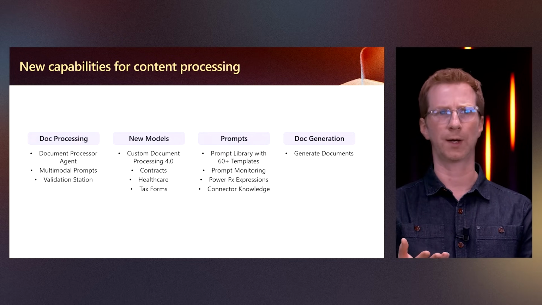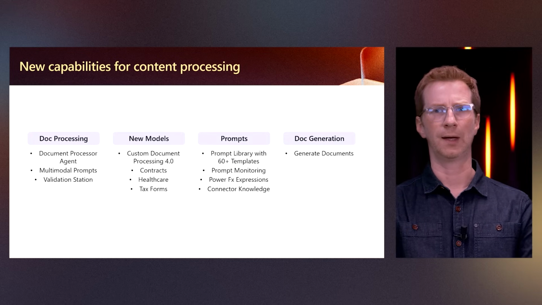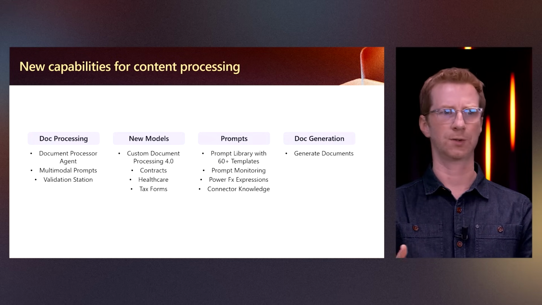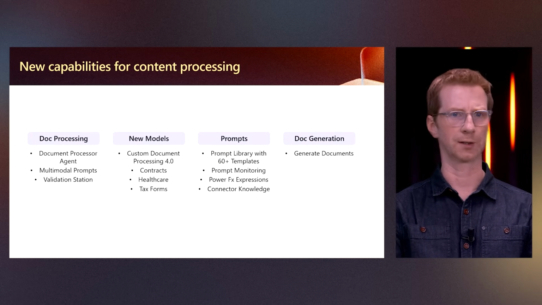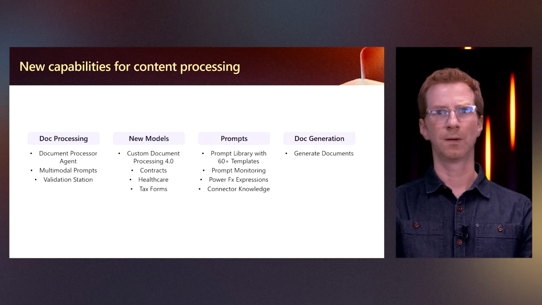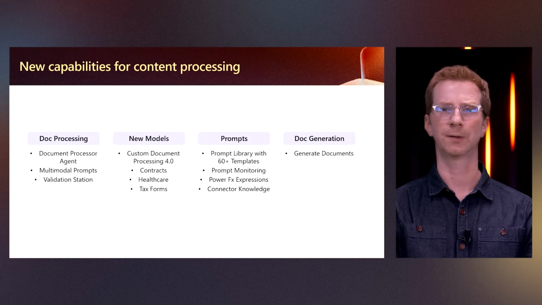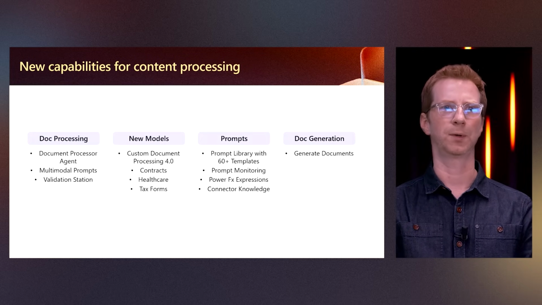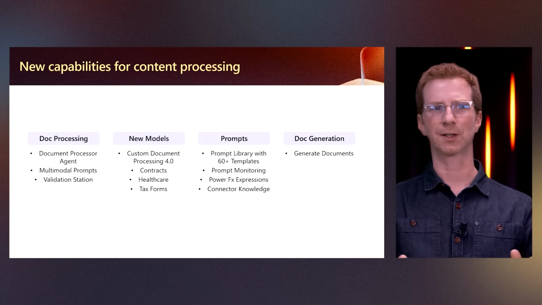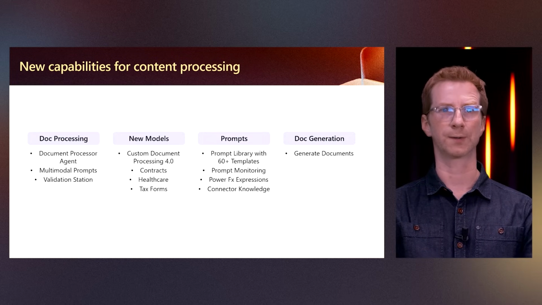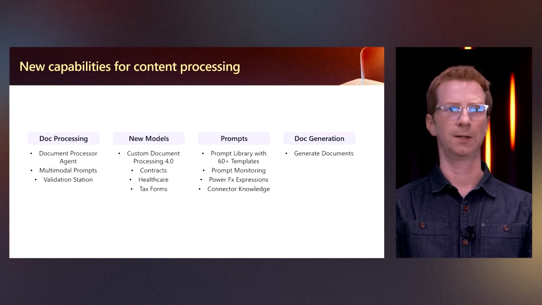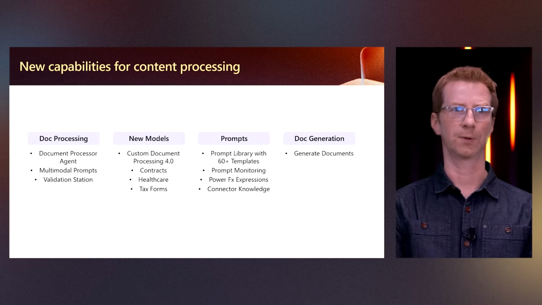We saw that we can also add Power Fx expressions, and that we can go beyond Dataverse connectors to also reach out to connectors like Salesforce and SAP. And finally, we unveiled the latest feature, doc generation, where you can have your prompt generate a Word output. So a fantastic collection of new tools for content processing that you can integrate into your agents, apps, and flows today.